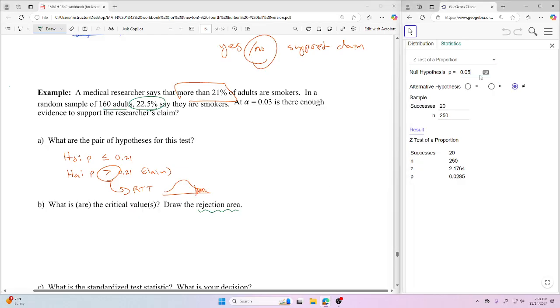So let's go through and put it in. So up here, we're going to put the 21, less than, greater than. And my n was 160, but what am I typing in the successes? Yeah, exactly, 22.5, yeah. 160 times the 0.225.